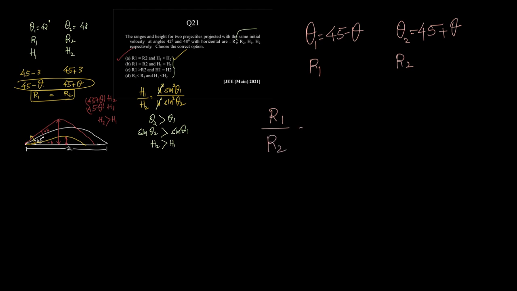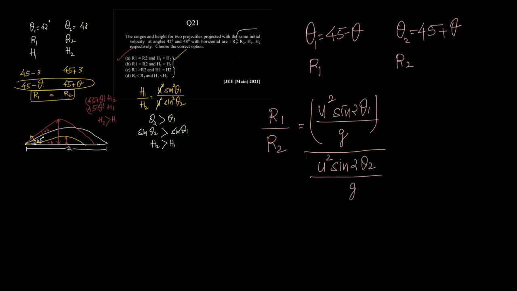What's the equation for range? R1 is equal to u square sine 2 theta 1 by g, the whole upon u square sine 2 theta 2 by g.